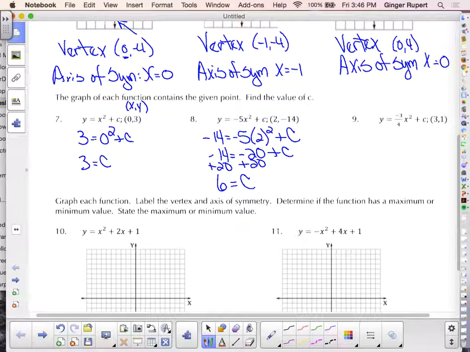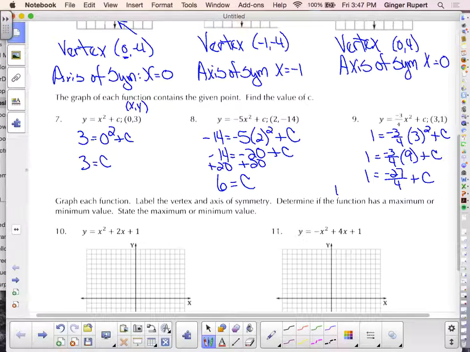Number 9, I'm going to substitute a 1 in for y. I have negative 3/4 times 3 squared plus c. 1 is equal to negative 3/4 times 9 plus c. That means that 1 is equal to negative 27/4 plus c. Add the 27/4 to both sides.